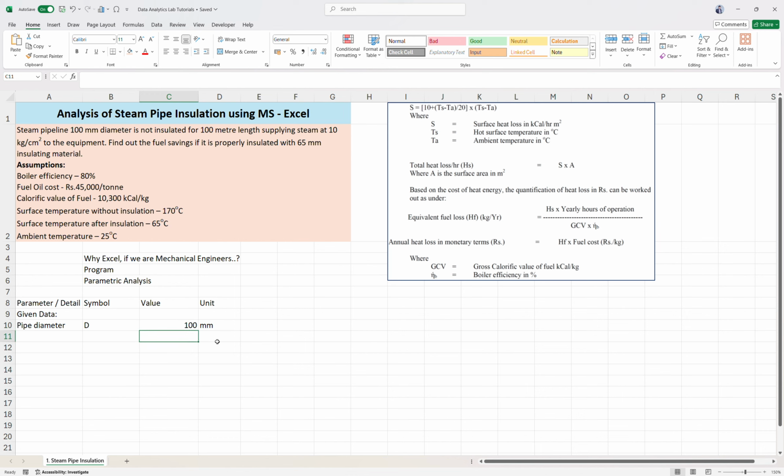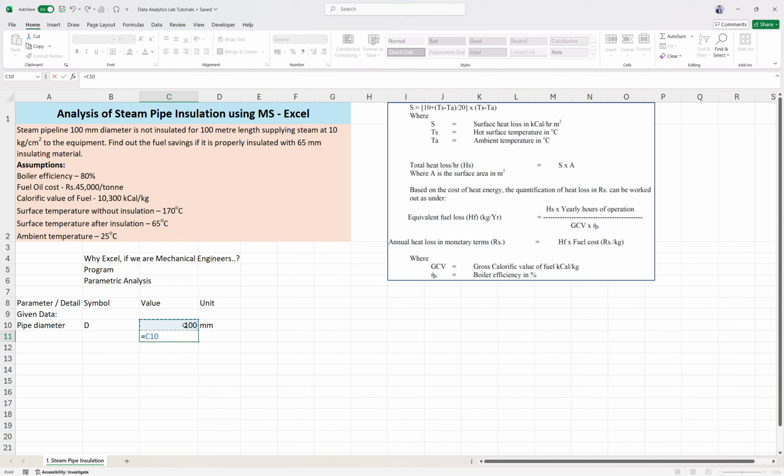Second thing, we will use meter everywhere, so we have to convert this mm into meter. So how to do that? We know that we can divide it by 1000 so that we get final answer in meter. So we need to tell Excel to do this conversion for us. So let us tell Excel with the help of this small command, equal to this particular quantity.